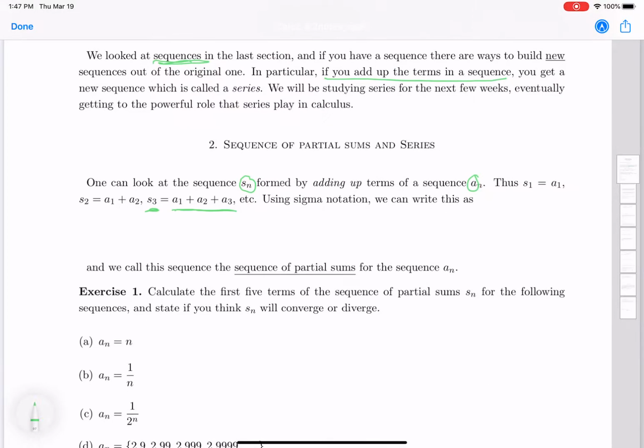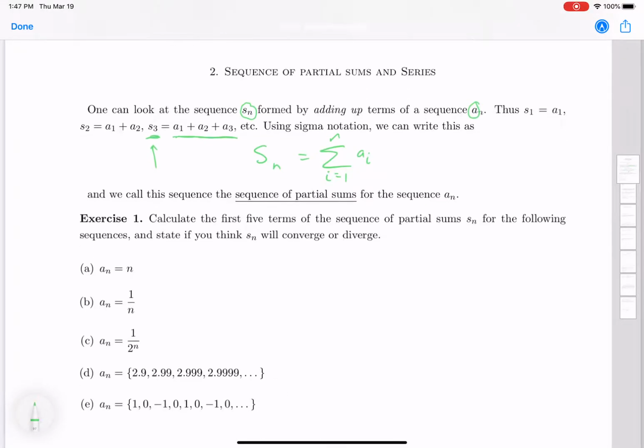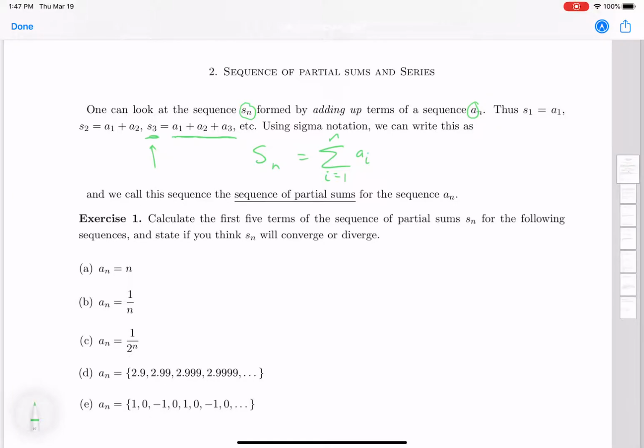Notationally, we write this as S sub n equals the sum from i equals 1 to n of A sub i, right? So my S sub 3 here means I'm adding up A sub 1, A sub 2, A sub 3. And we call this sequence the sequence of partial sums for the series A sub n.